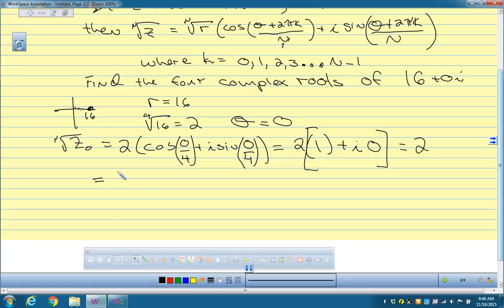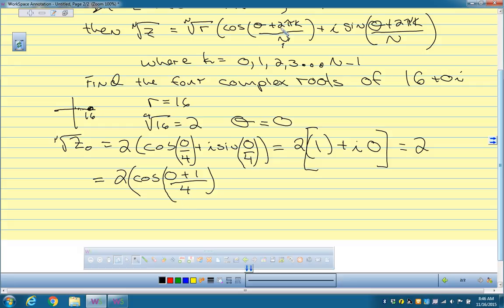Okay? So I'm just going to plug into the formula, but then I'm going to show you the easy way to do it. It's going to be 0, because theta is 0, plus 2 pi times k, which in this case is 1, right? That divided by 4.